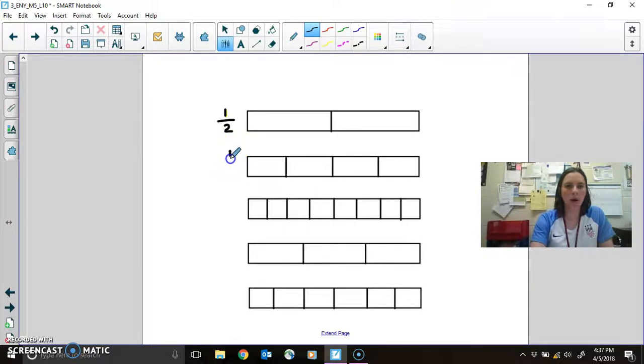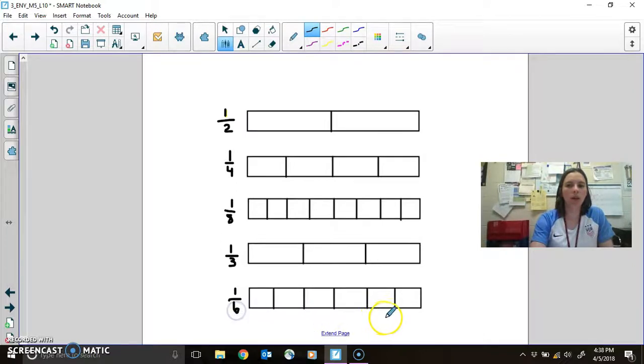The next is 1/4. Then 1/8. Then 1/3. And finally, 1/6.